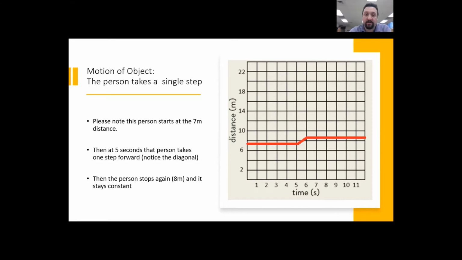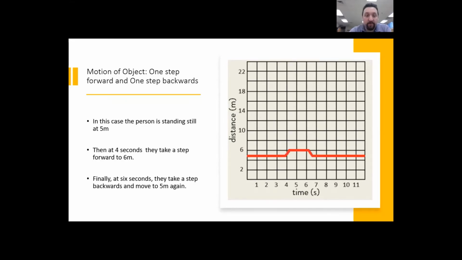Let's take another look. Here we have a person who's standing at rest, and then at the 4-second mark, they take a step forward. So they move from 5 meters to 6, and then they change their mind at 6 seconds and take a step back. The flat parts represent rest.